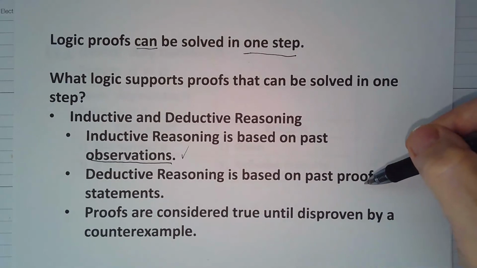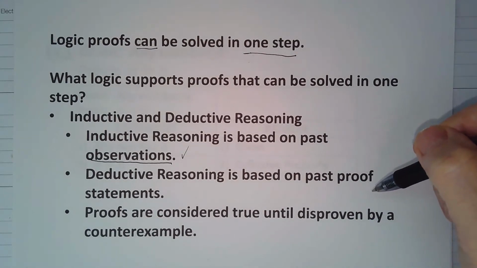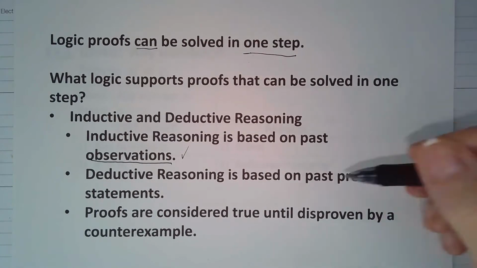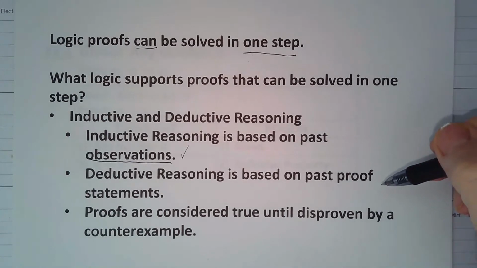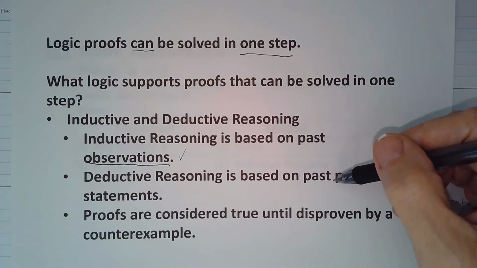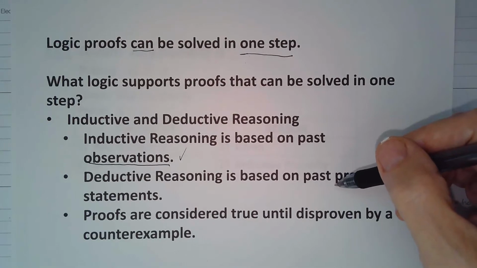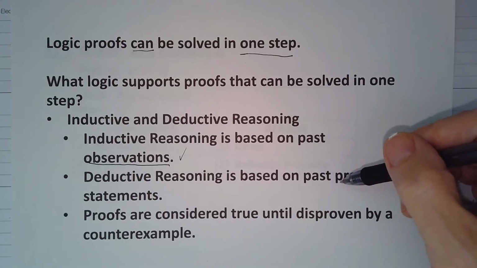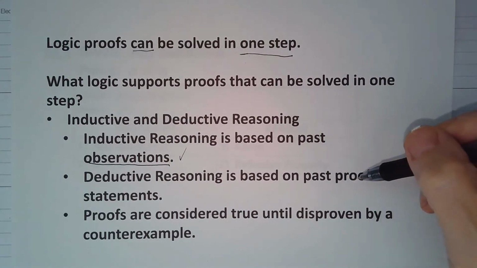Deductive reasoning is based on past proof statements. For instance, let's say a comet passes the Earth every 96 years. Most people don't live for 96 years, so that's not something they would have observed and made a note of.